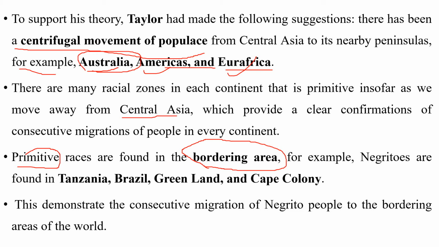He also gives one best example of this theory. Negritos are found in Tanzania, Brazil, Greenland and Cape Colony. Means he gives some European examples, but here we can give the example of our India.